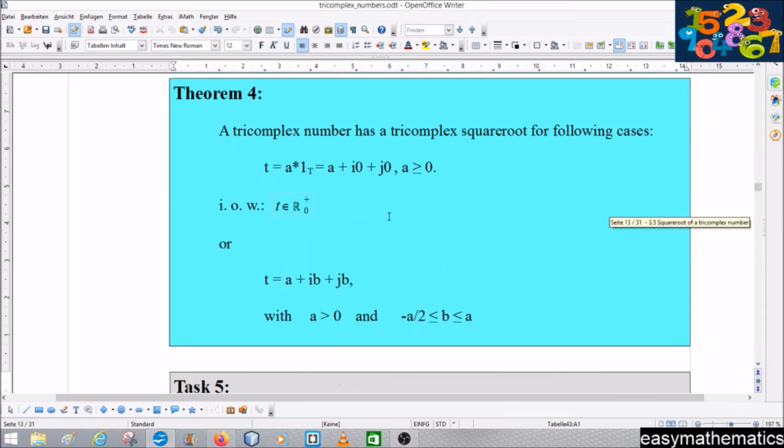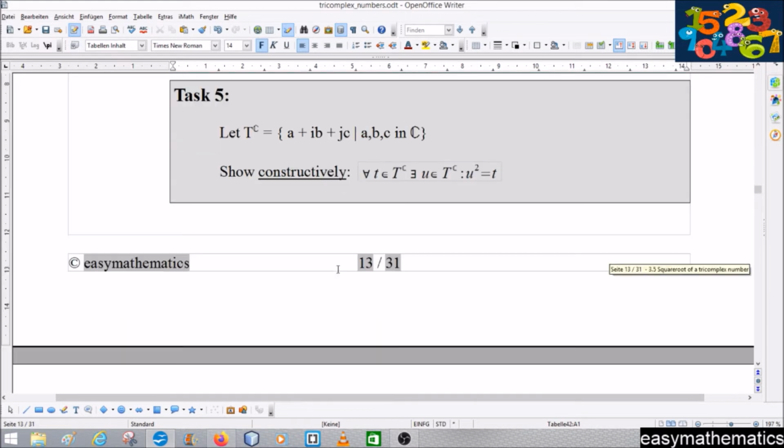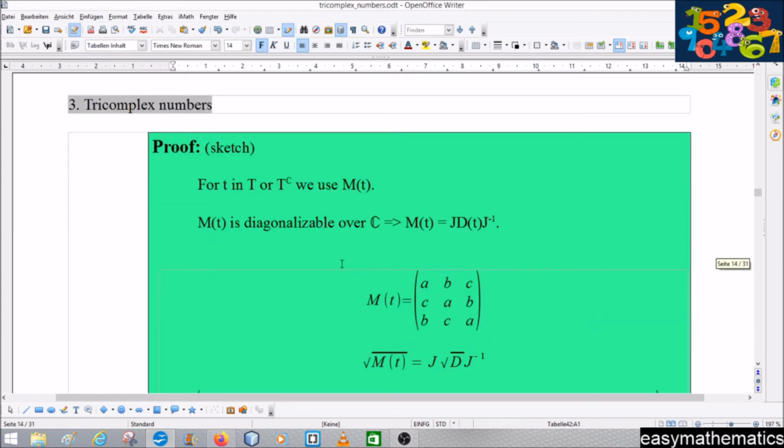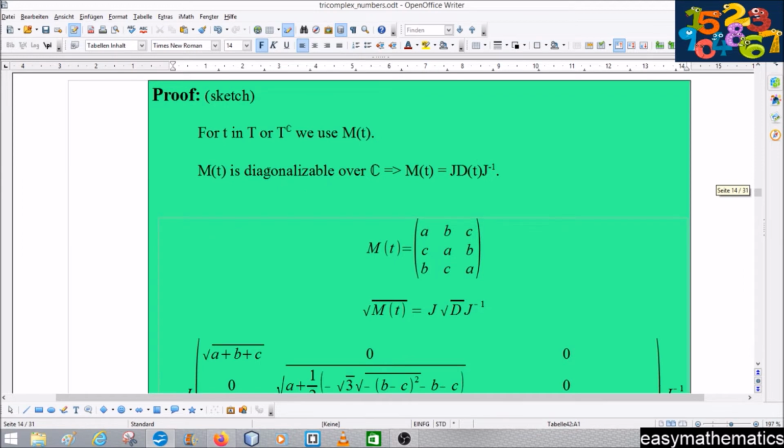Yeah, and now we take care about theorem 4. We prove this, and we make this in a sketchy way. Like I said, I assume that you know a little bit about linear algebra. So for a tricomplex number, we use the matrix representation MT, and over C, MT is of course diagonalizable.